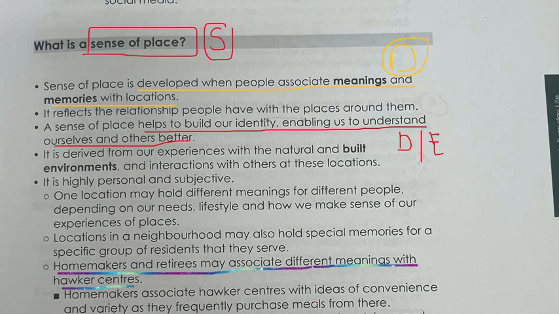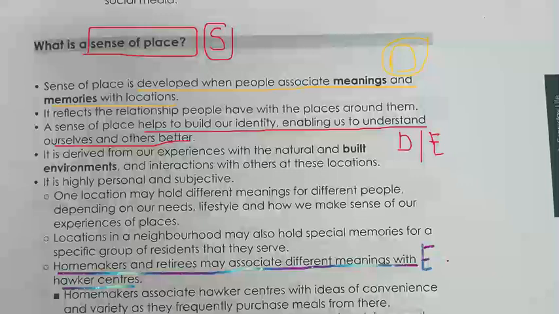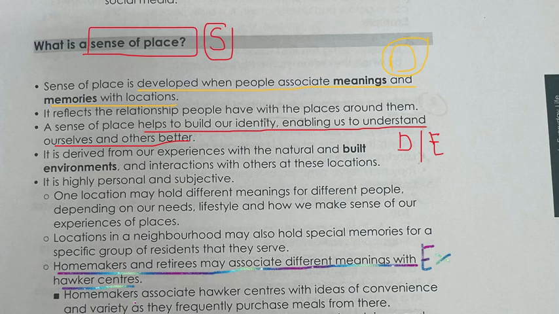For example, homemakers and retirees may associate different meanings with hawker centers. This can be my example because it's very specific. They talk about homemakers and hawker centers. Then you must elaborate more. Why? Because homemakers associate hawker centers with the idea of convenience and variety as they frequently purchase meals from there. So there's my example.